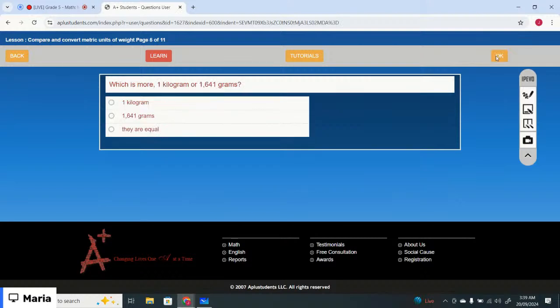Which is more, 1 kilogram or 1641 grams? Which is the correct option?